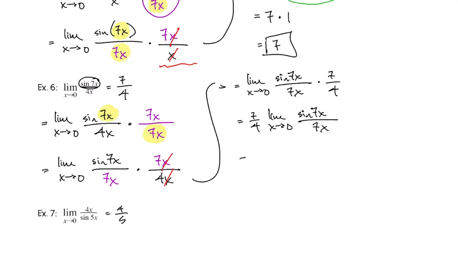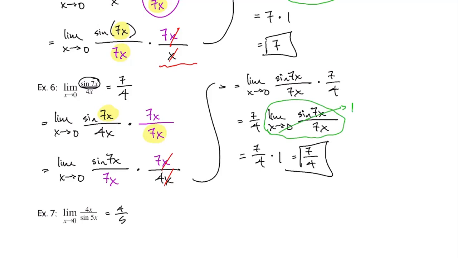And then 7/4 stays. This is exactly the thing that I knew is going to 1. It's a value I know. So times 1, which gives us that answer of 7/4. Okay.